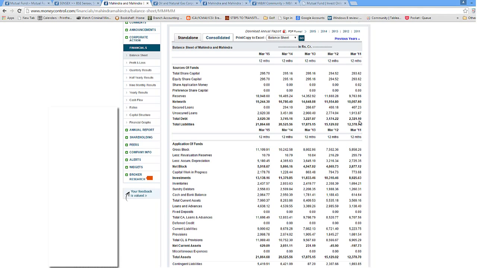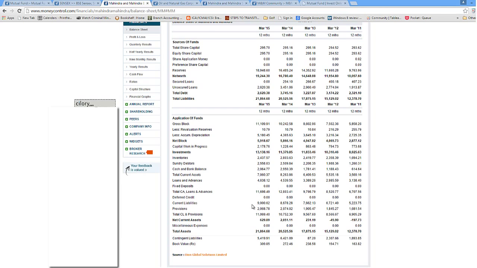So here you can see that while there is a huge amount of debt on this company, it has been paying it off. So in the last year, it has paid off some part of its debt. You can also look at how much cash it is holding in the assets. Here you can see that it has reduced some of its cash holding in the last 1 year.